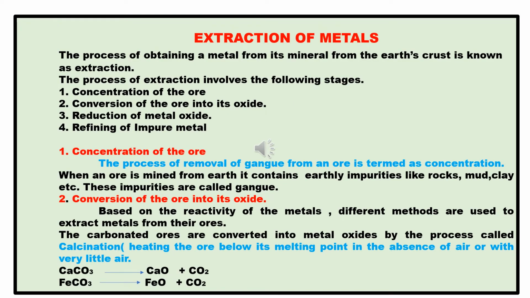Children, let's see what's the meaning of extraction of metal. The process of obtaining a metal from its mineral from the Earth's crust is known as extraction. We know that metals are present in the soil, that is in the earth, in the form of minerals.